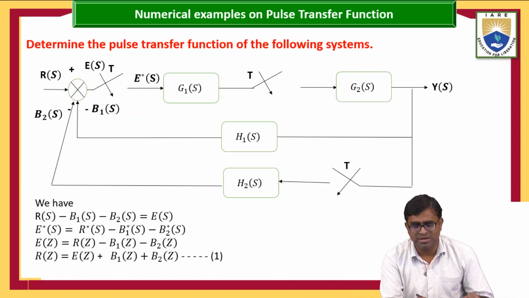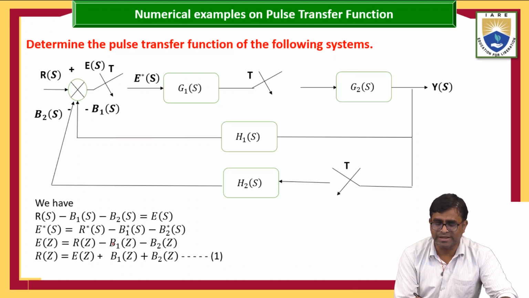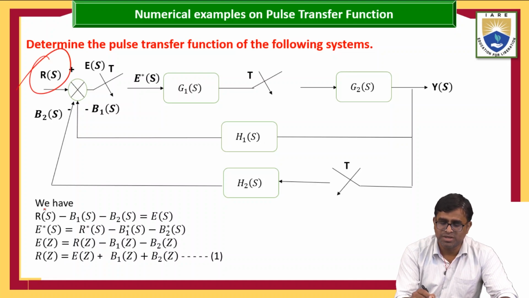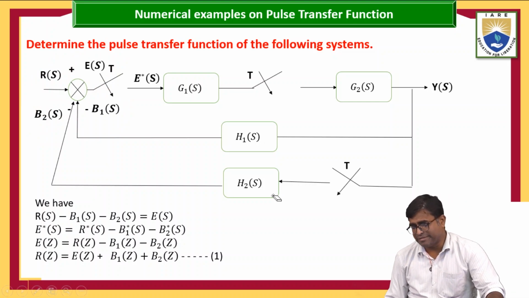Same process, but some changes in the diagram: E of Z, R of Z, B1 of Z, B2 of Z. From that, R of Z equals E of Z plus B1 of Z plus B2 of Z. That's all. This is your equation number 1.